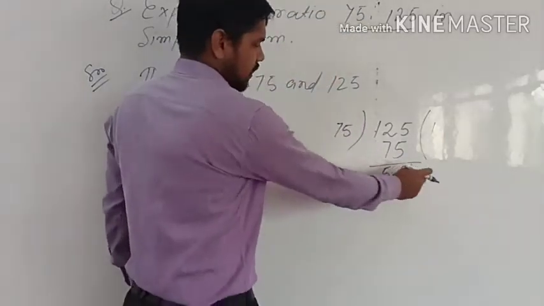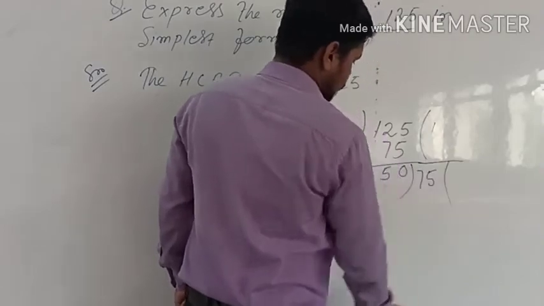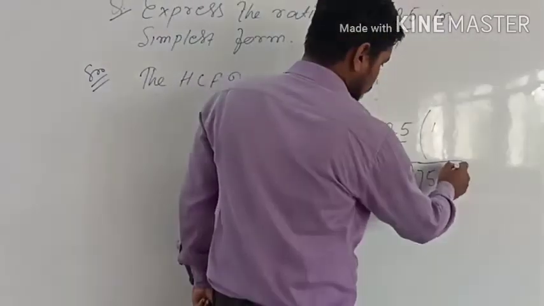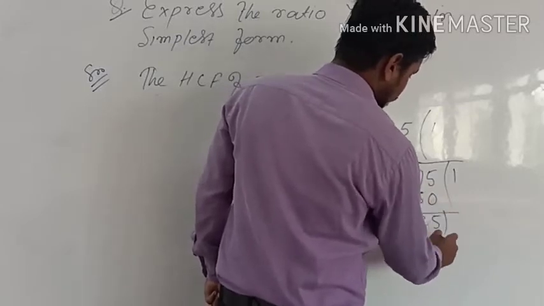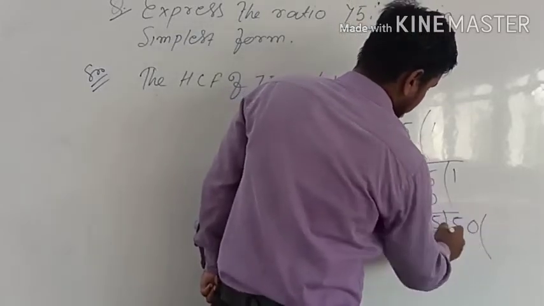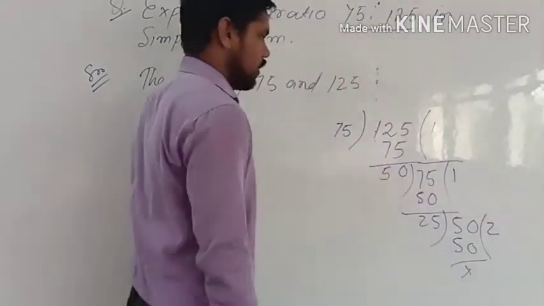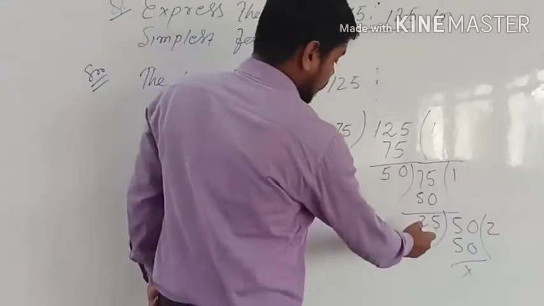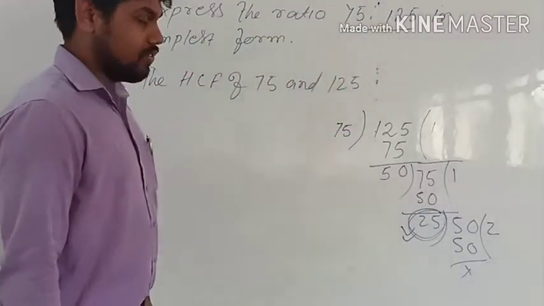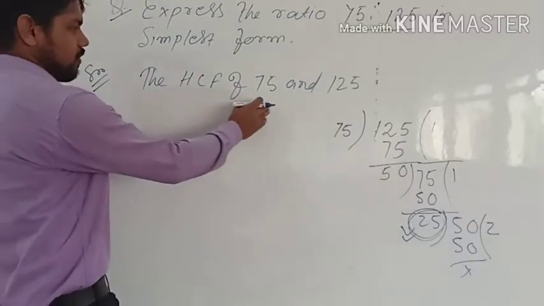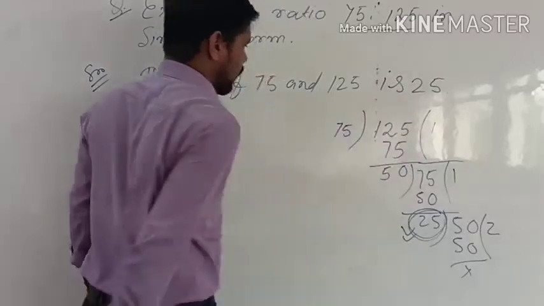So now this 75 will come here. So 75 divided by 50, again 1. 50 ones are 50. So 25 remains. 50 divided by 25, 25 twos are 50, right? So that means 25 is the HCF here. So the HCF of 75 and 125 is 25.